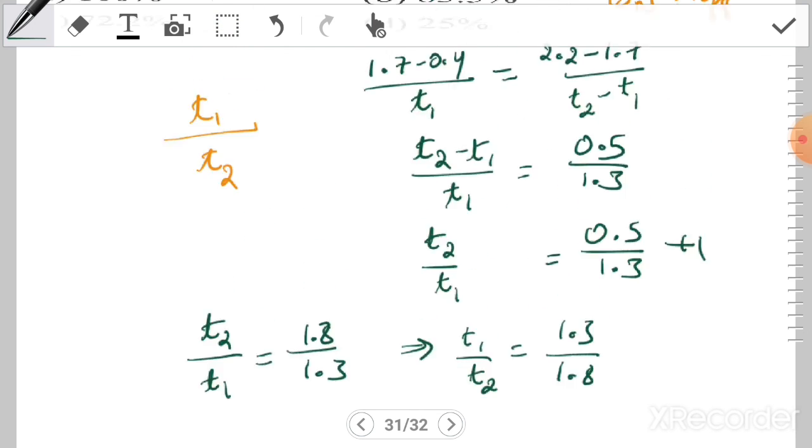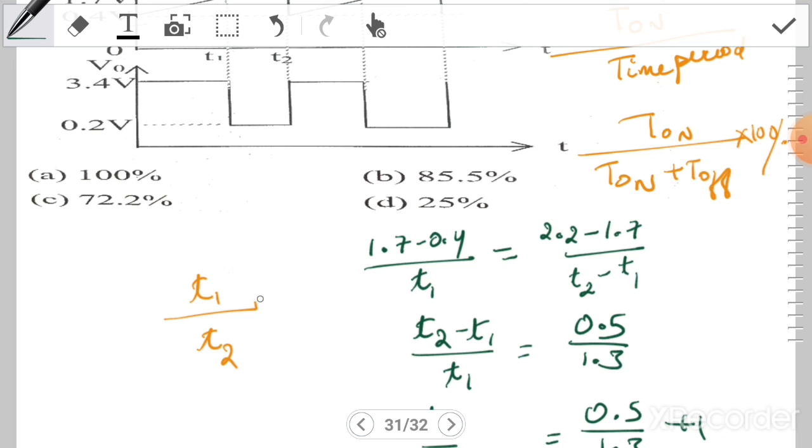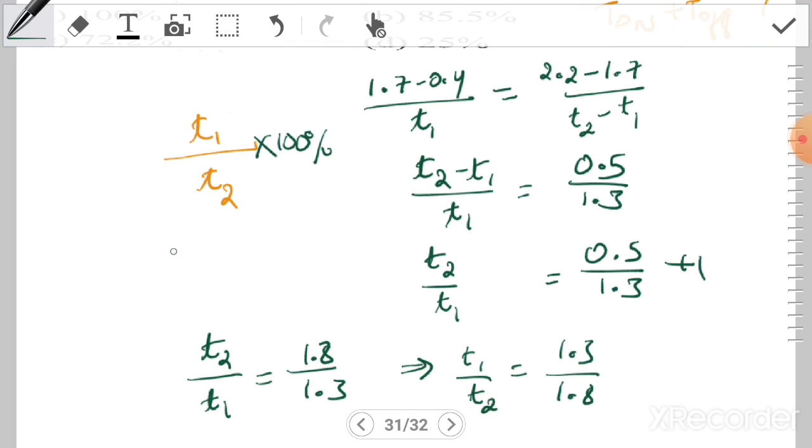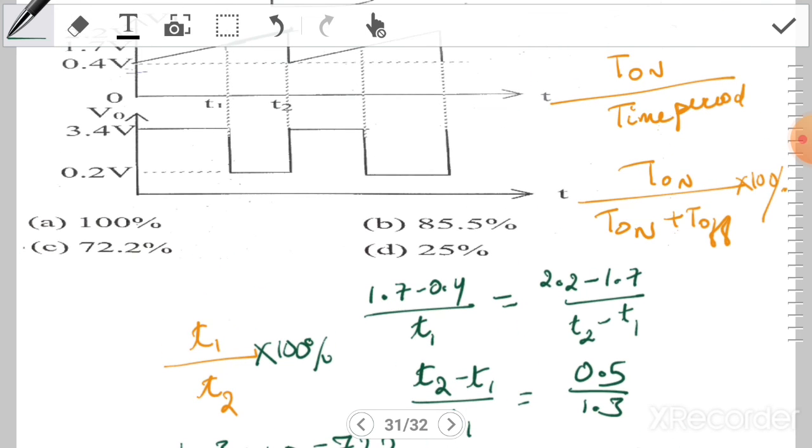So the duty cycle will be T1 by T2 into 100%, which is 1.3 by 1.8 into 100, equal to 72.2%. So C is the answer.